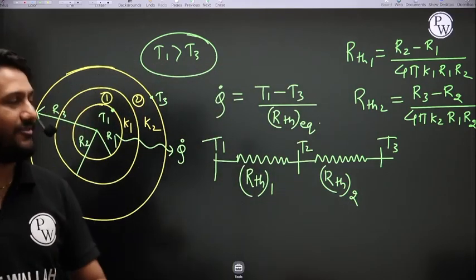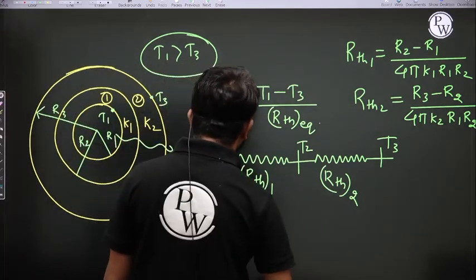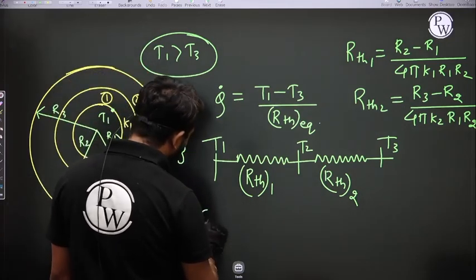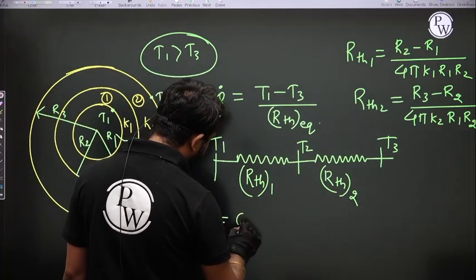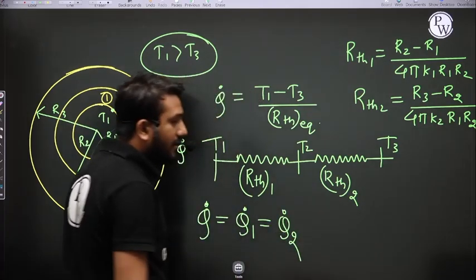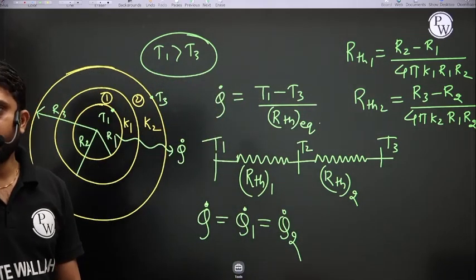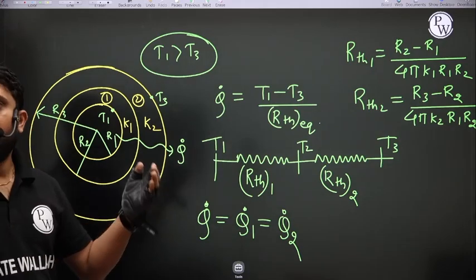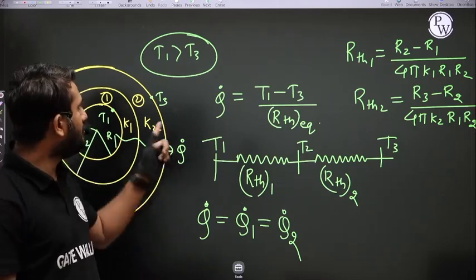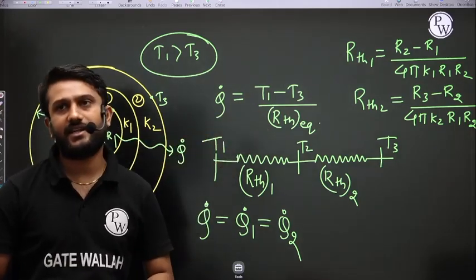And if I want to calculate the intermediate temperature, there is the energy balance. Q dot is equal to Q dot 1 is equal to Q dot 2. What is Q dot 1? T1 minus T2 by R_TH1. And Q dot 2 is T2 minus T3 divided by R_TH2. And Q dot is T1 minus T3 divided by R_TH equivalent.